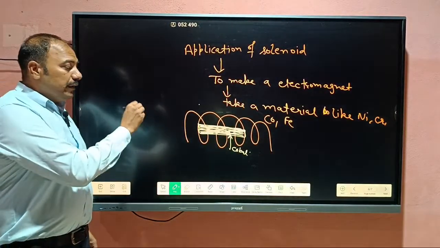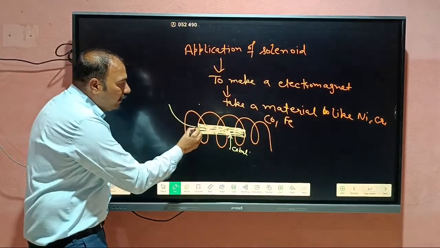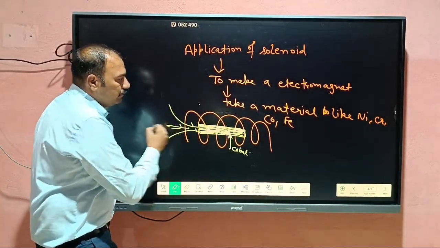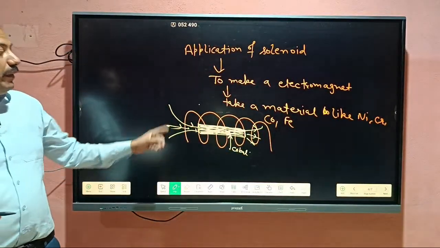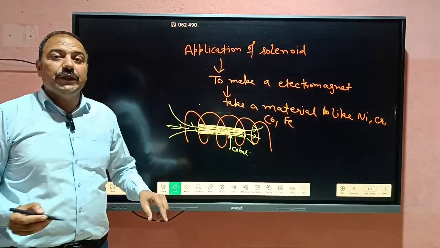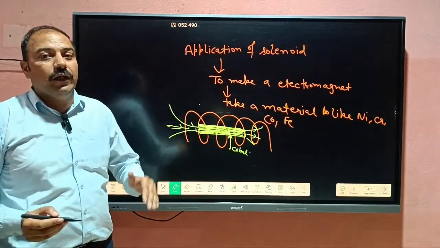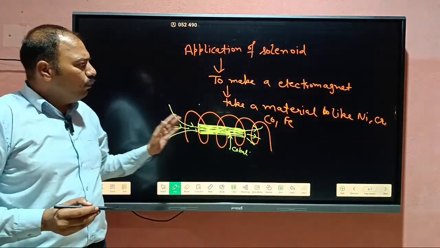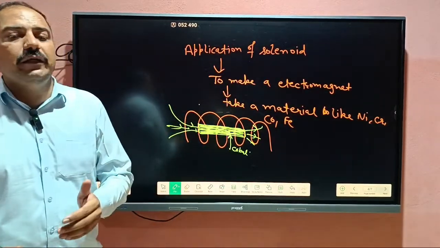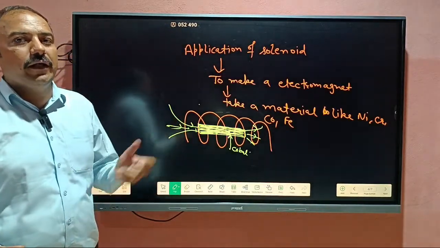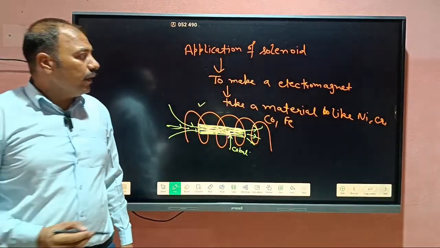When we switch on, electric current flows, and then a magnetic field is produced, and this magnetic field passes into the material. So the magnetic field produced by the solenoid makes an electromagnet. How much the material becomes a magnet depends upon how many magnetic field lines pass through the material. The most common application of a solenoid is to make a strong electromagnet, which is used in many communication devices, transmitters and others like speakers.